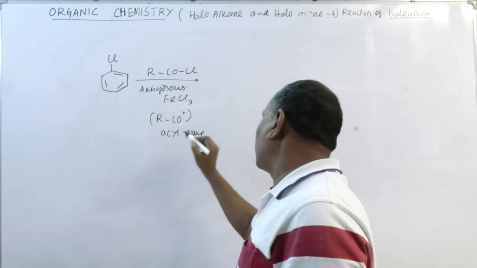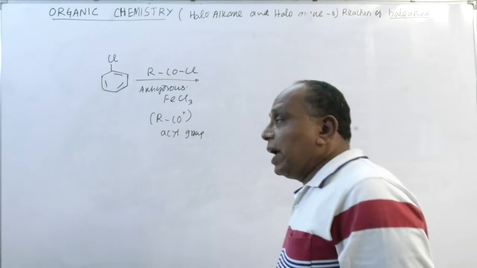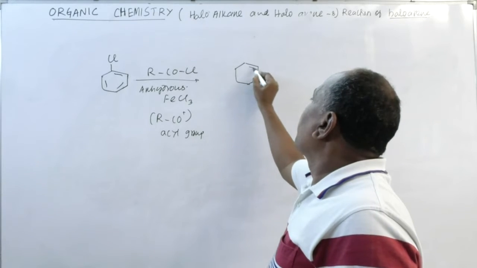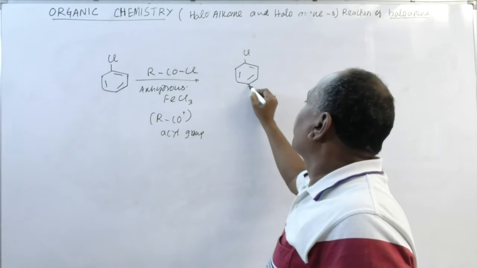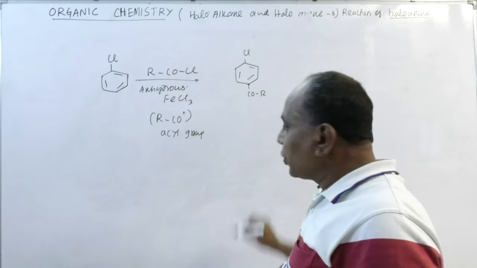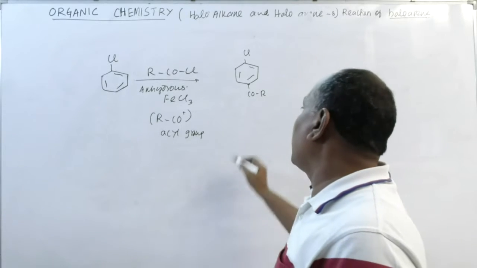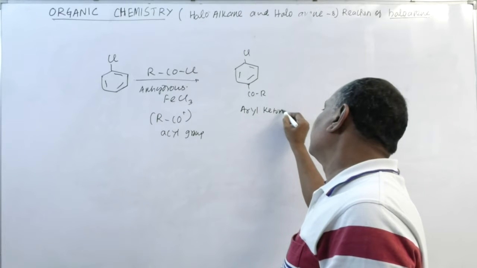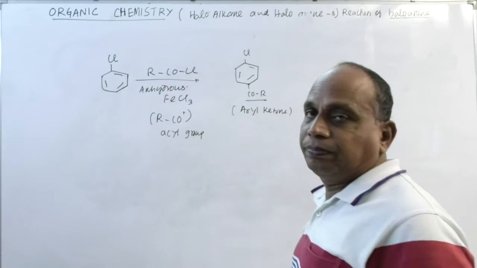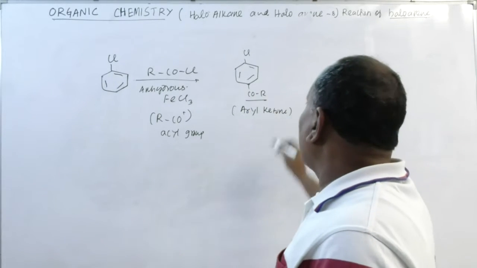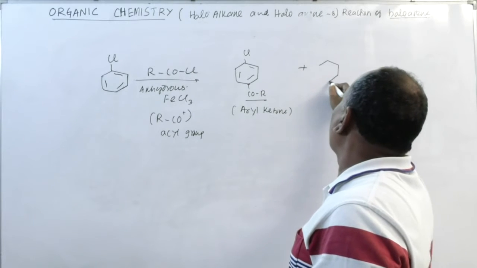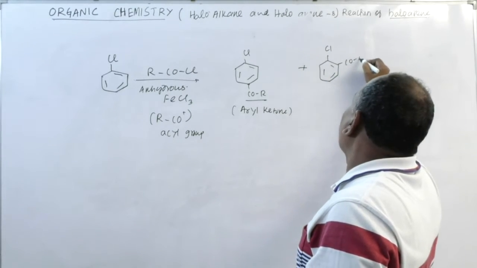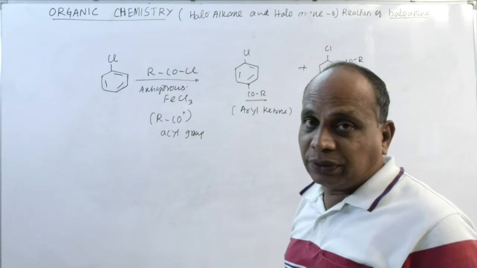It is one of the electrophiles, and this electrophile is substituted at the ortho position. That gives a type of aryl ketone. You see, this is the keto group. And likewise the para position, ortho position.